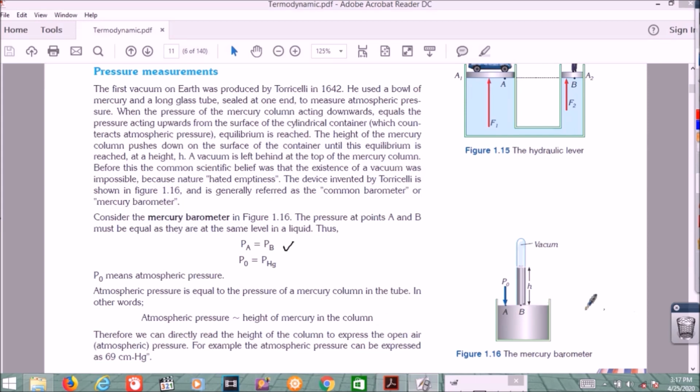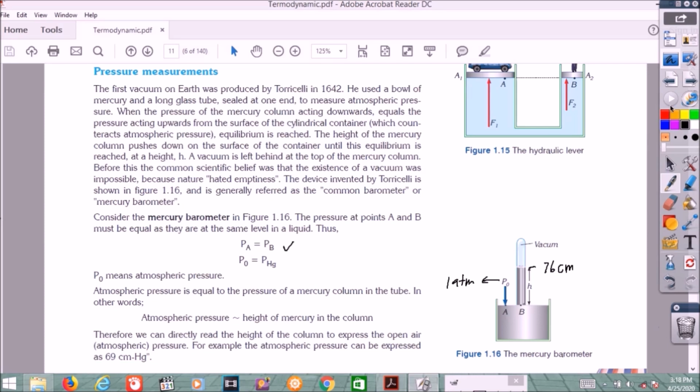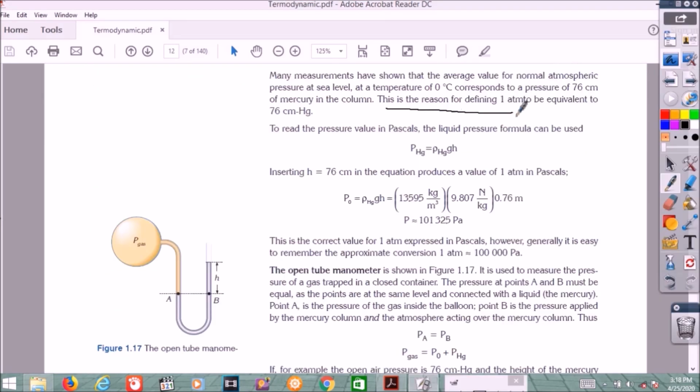At that time, Torricelli measured the atmospheric pressure at 1 atm, and the mercury moved up inside the long glass tube until a height of 76 centimeters. So 1 atm is equivalent to 76 centimeters Hg.